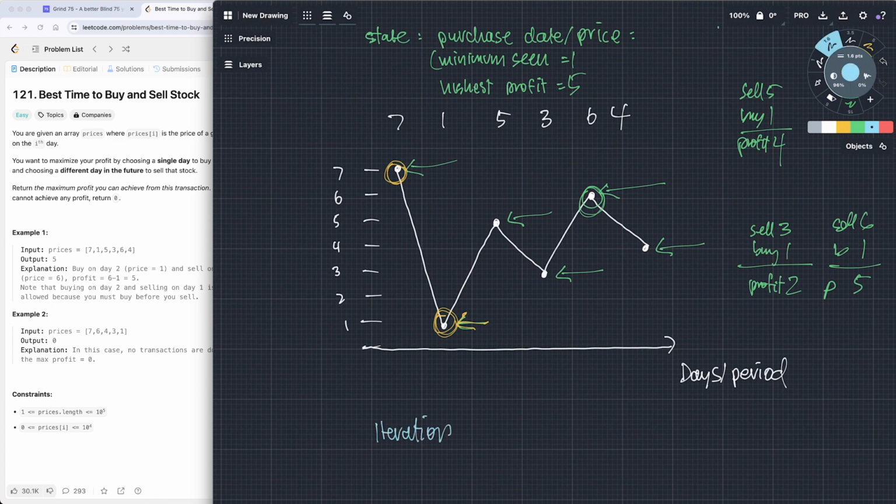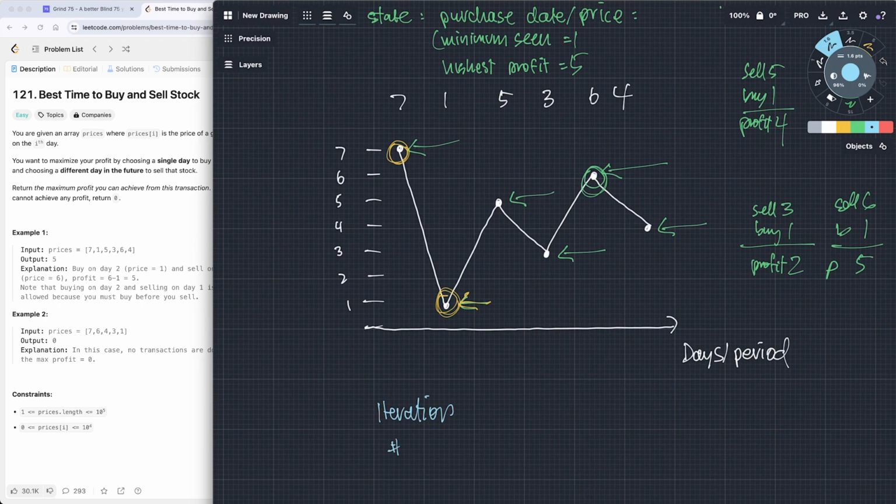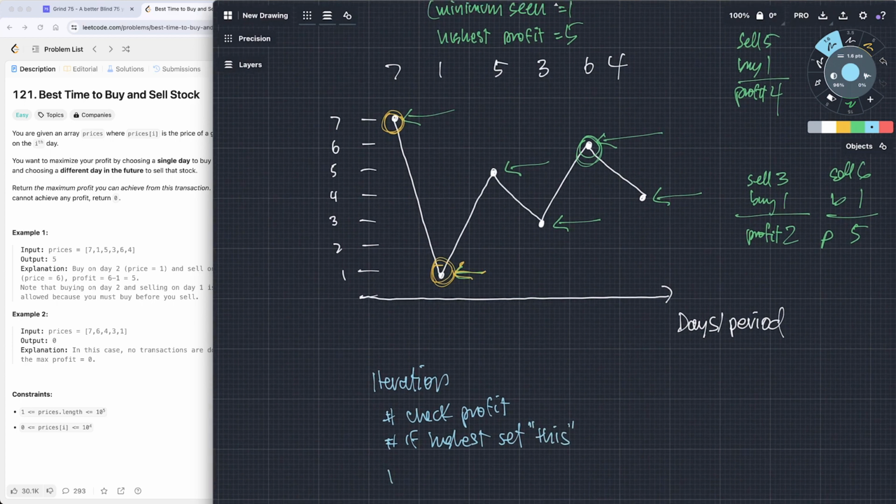We have to at least check the profit, and then if higher, if highest, set this as the highest, and then we want to check if it's the lowest, I guess, buy point, right? The lowest purchasable price.